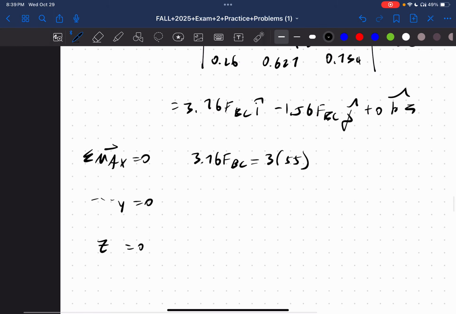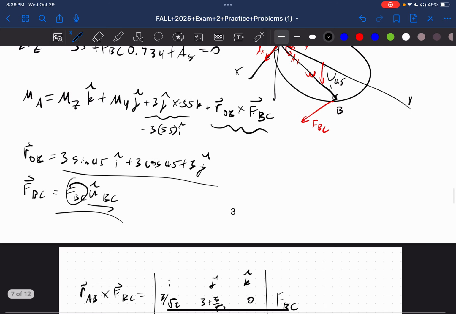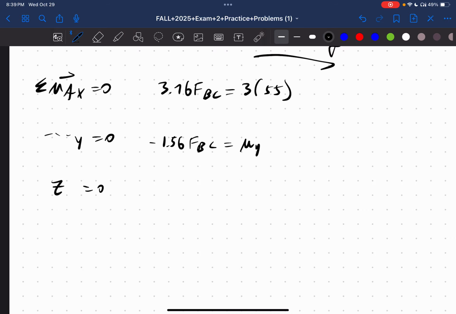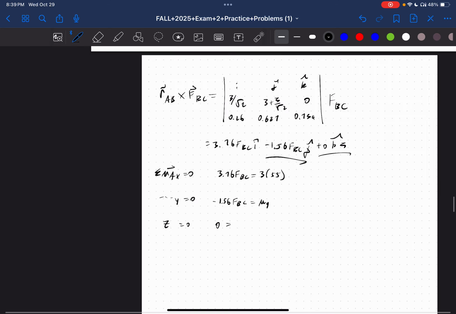We're going to get the Y, which is this right here, negative 1.56 F BC is equal to M in the Y direction. That's the only y direction. Yep, that's right. Okay, and then in the z direction, we're just going to have 0. So 0 is equal to what?